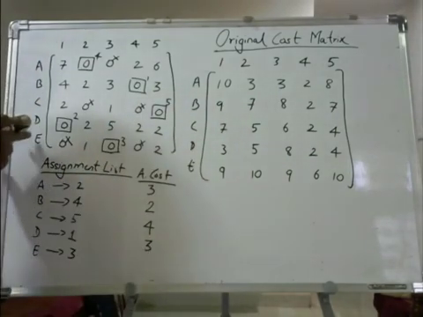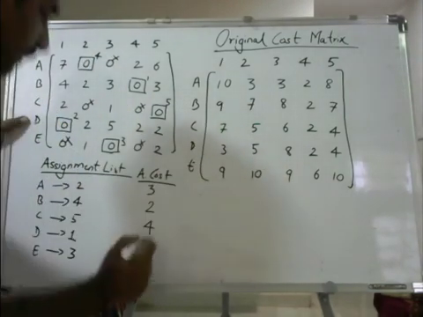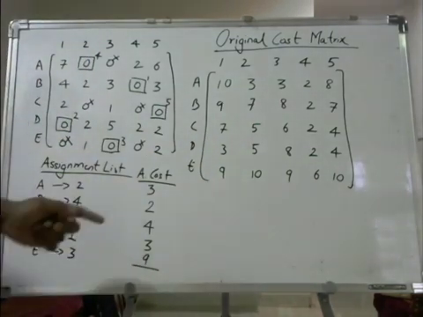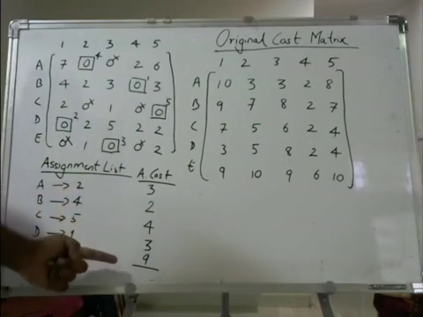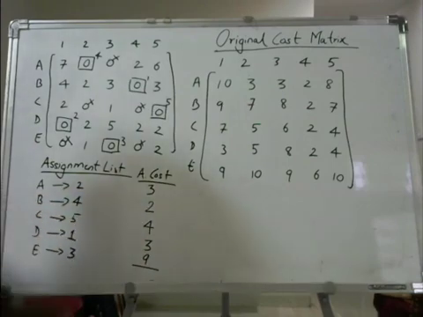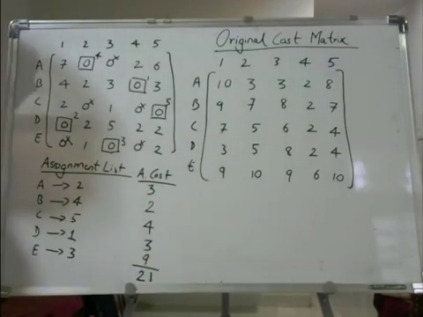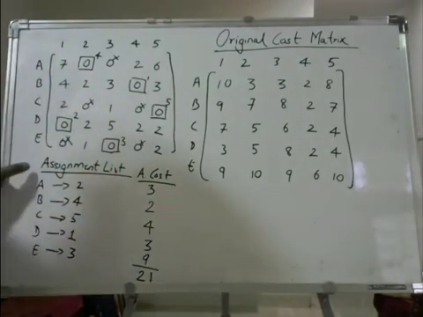And similarly, for E, the job is third and the cost is 9. So these are the costs you get: 3, 2, 4, 3, 9. So if you add them, the total cost of the assignment is 21.